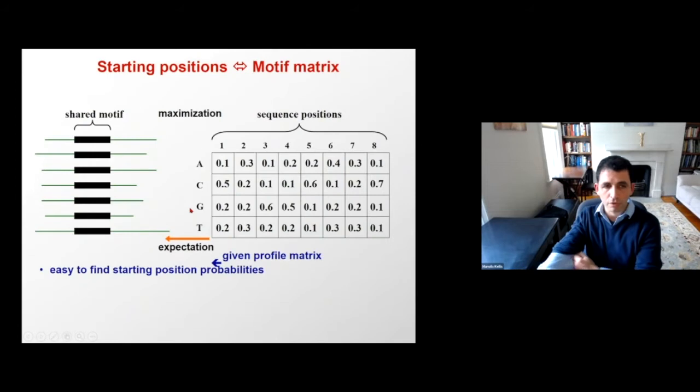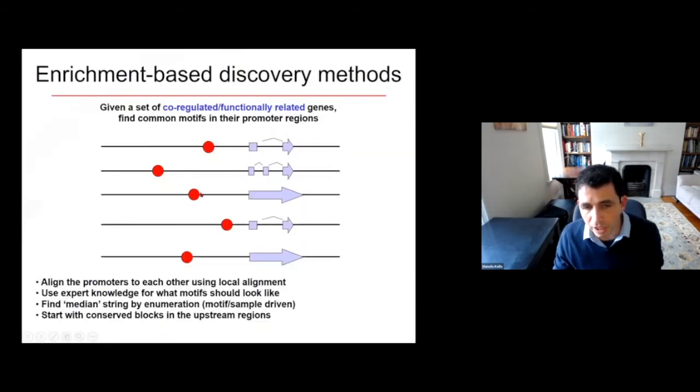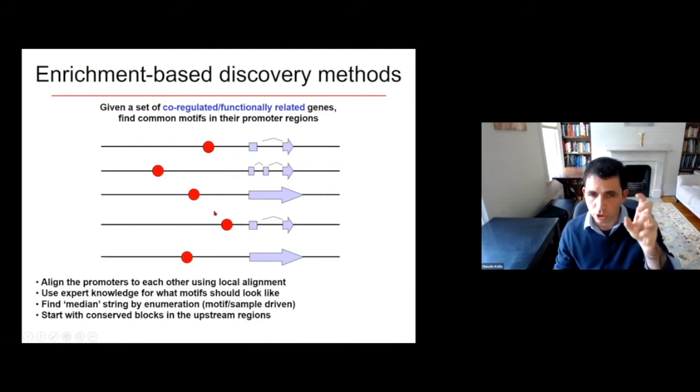And once we have all these priors, if you wish, you can then say, if I knew what this motif looks like, I could search it in every one of these regions. Conversely, if I knew where the motifs were, I could align them on top of each other, like we saw before, and create a position-specific matrix for finding them.